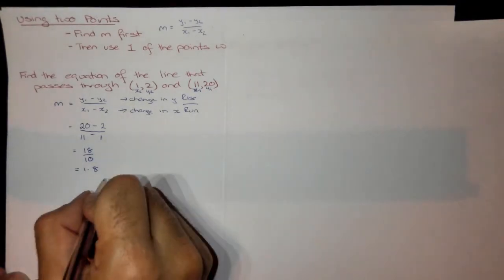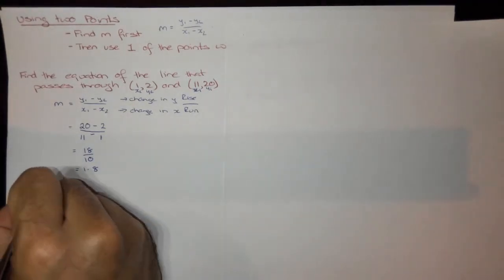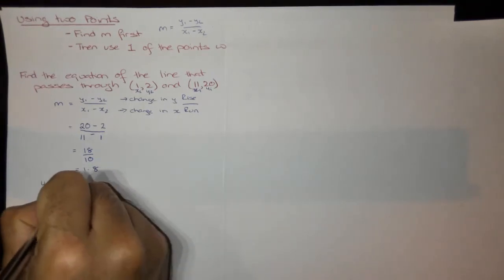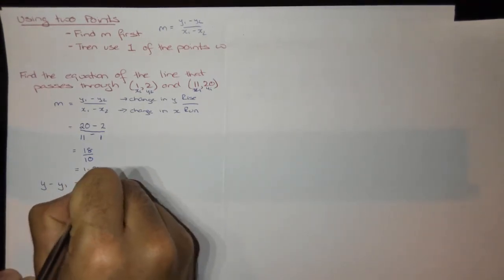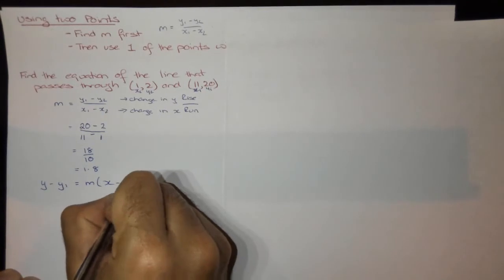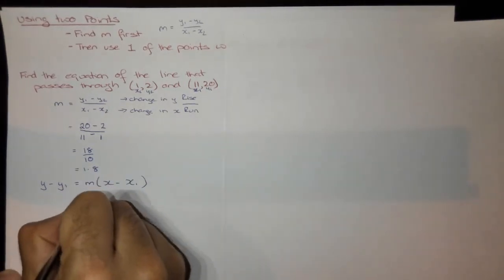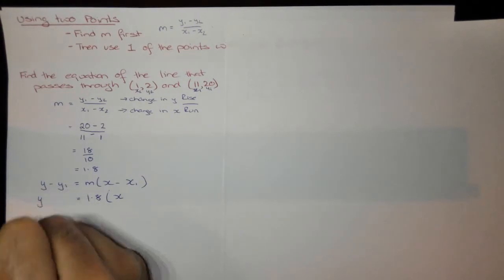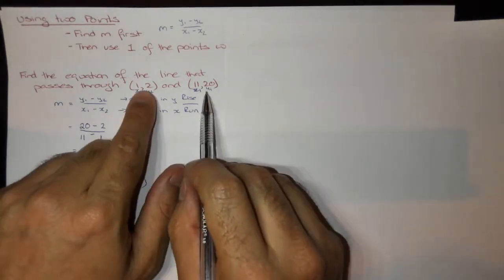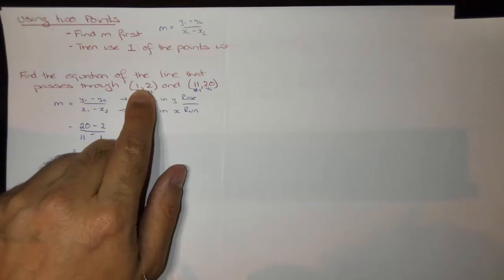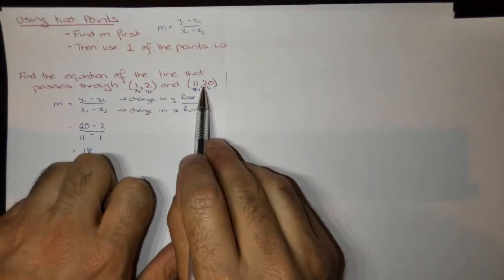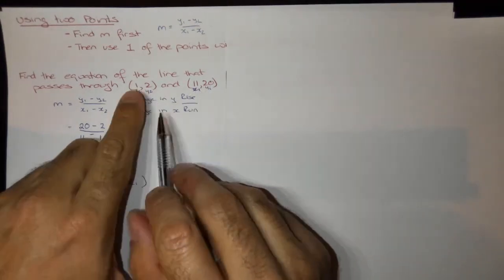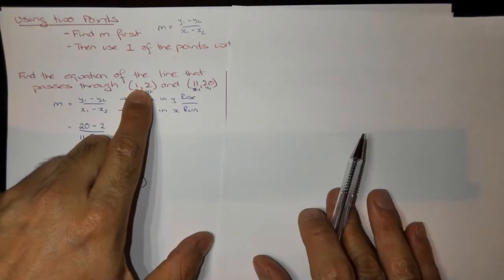Okay, that's my gradient. And so using y minus y1 equals m(x minus x1), I'm going to use my gradient, 1.8. I don't know that x, don't know this y, and it doesn't matter which one I choose. I can either choose this one, 1 and 2, or I can choose 11 and 20. I'm going to choose this time 1 and 2 because they're easy numbers.